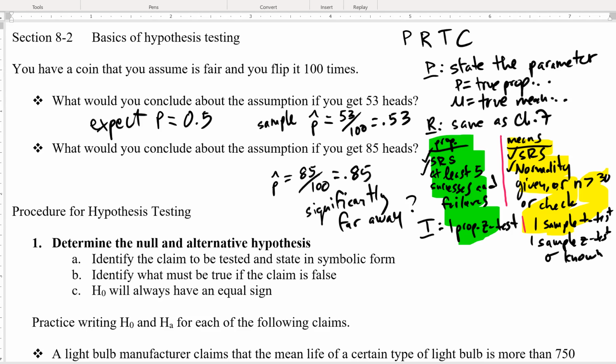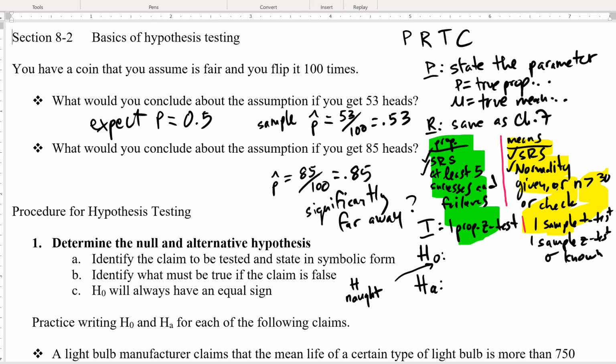You have to list what are called our null and alternative hypothesis. Our null hypothesis, this is a little 0, so H naught, basically says we assume nothing.